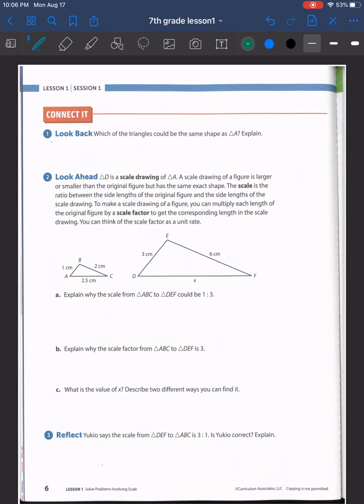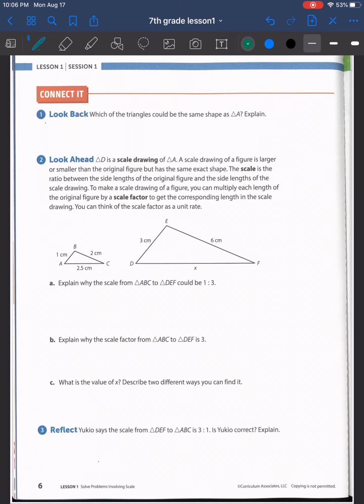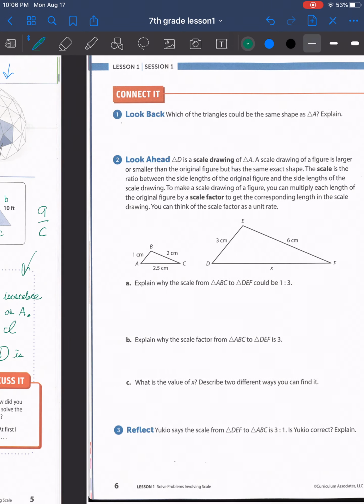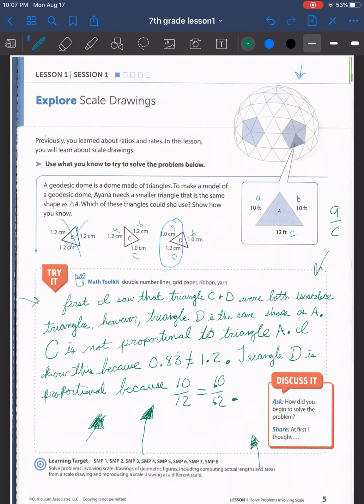Okay. Connect it. Look back. Which of the triangles could be the same shape as triangle A? Explain. Okay, so if we go back here, which of these triangles could be the same shape? I mean, obviously, it's D, right?